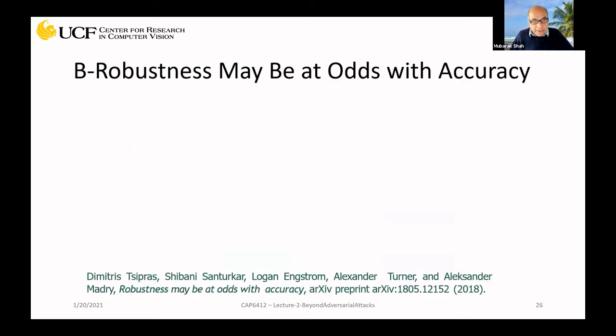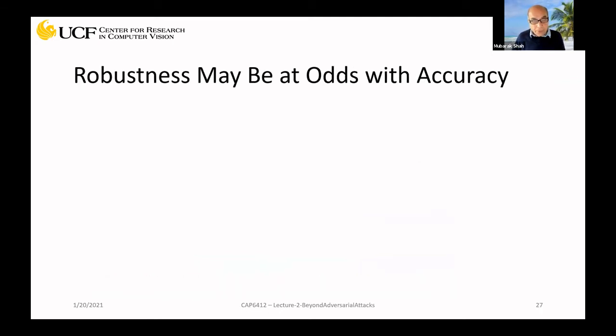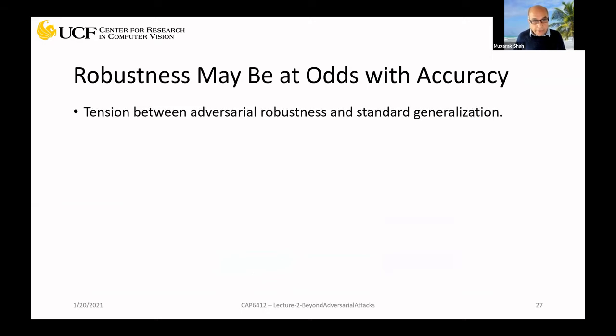So now the second paper, which is called Robustness May Be at Odds with Accuracy. As you know by now, you should be convinced that there's a tension between adversarial robustness and generalization.